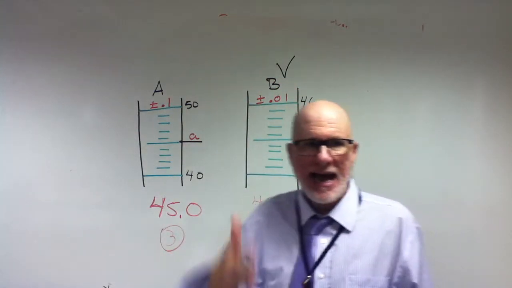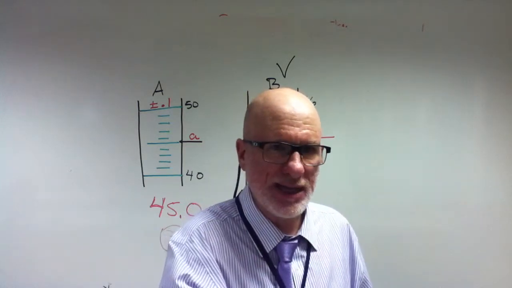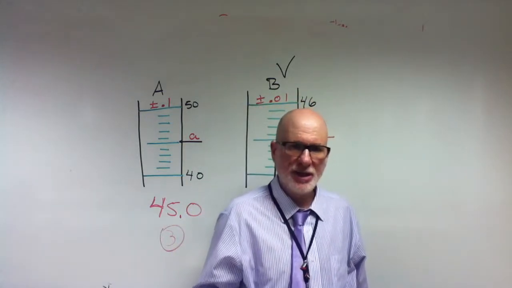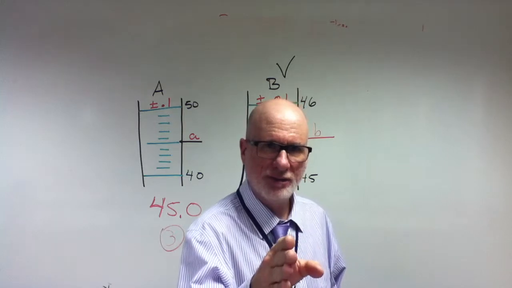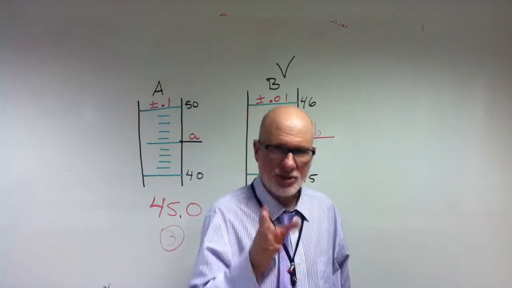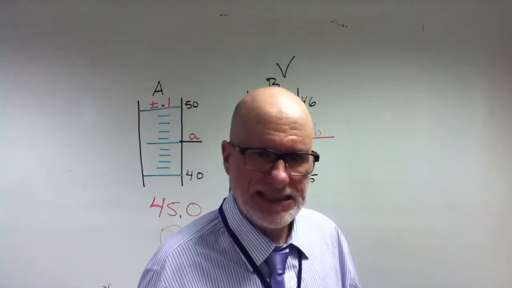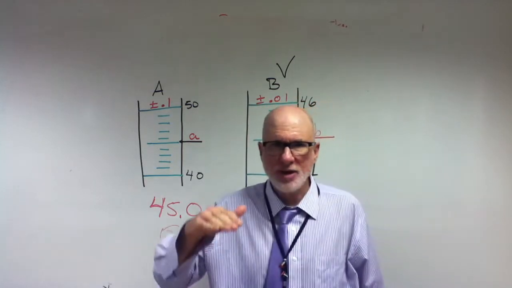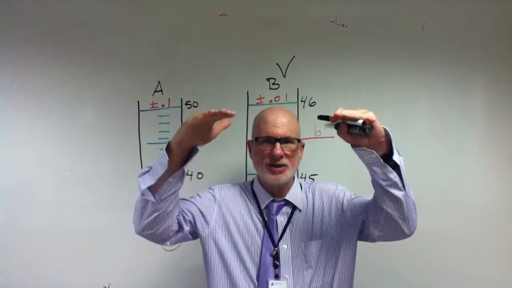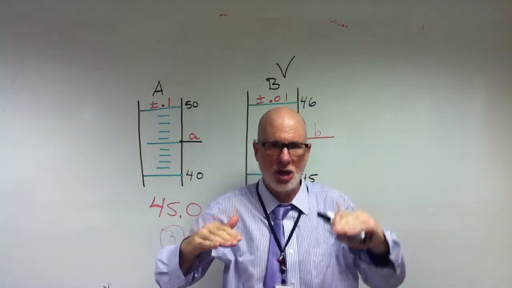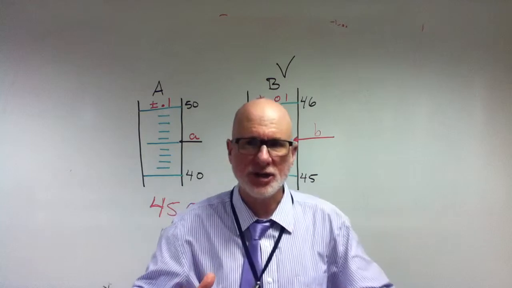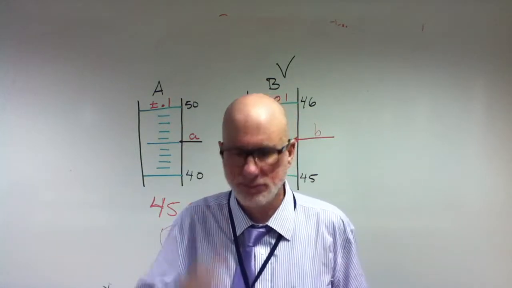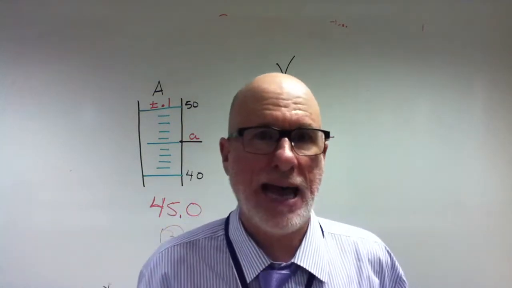I can say that accuracy, listen carefully, accuracy is a direct function of the number of significant figures. Let's go one step further. Accuracy is a linear, direct function of the number of significant figures. The greater the number of significant figures, the greater the accuracy. The lower the number of significant figures, the lower the accuracy. So it is a direct linear function. High number of significant figures, high amount of accuracy. Clear? That's the mechanical way of determining accuracy of an instrument.